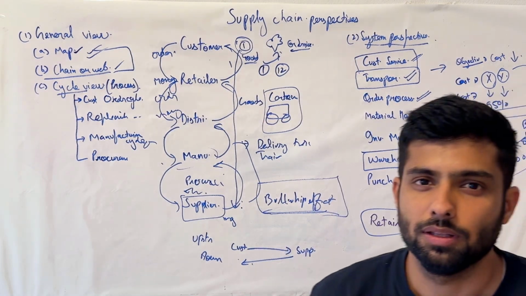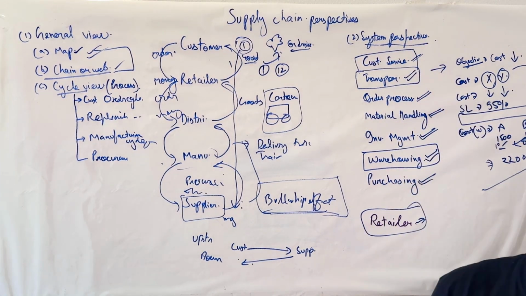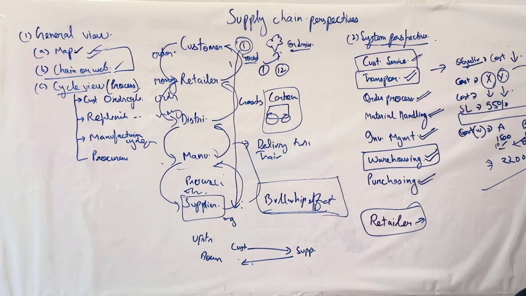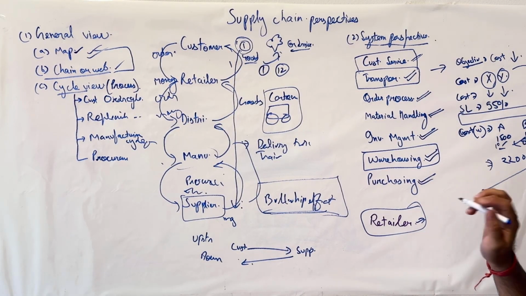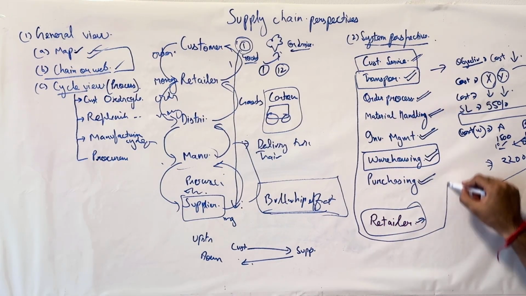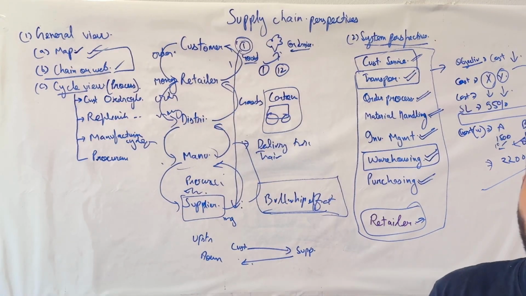This is what I mean when I say this is the systems perspective: you're dealing with different functions across the supply chain, which are very important and which will almost every time be associated with each other. They will have their own constraints, and how do you come to an optimal solution of delivering products?